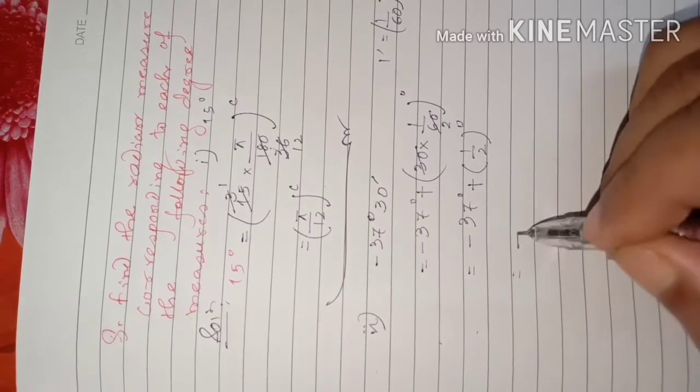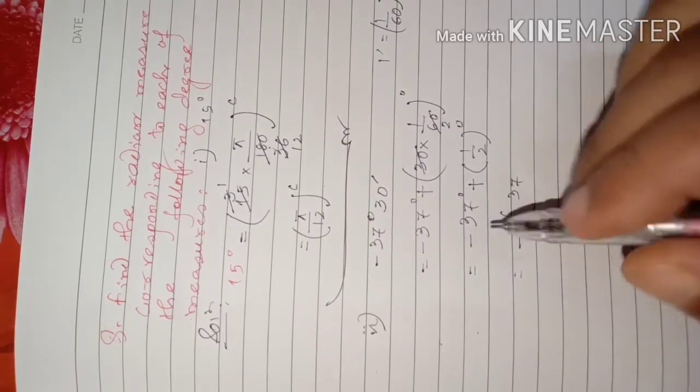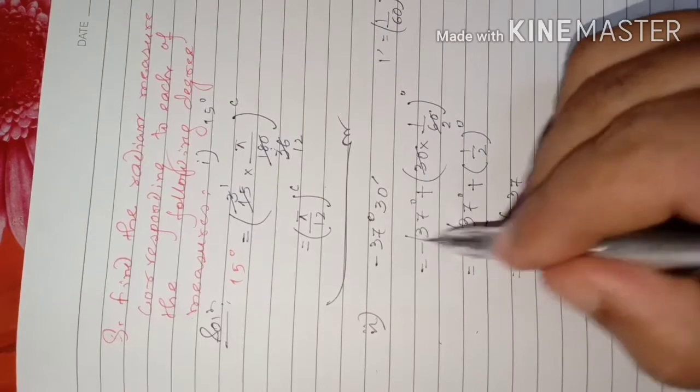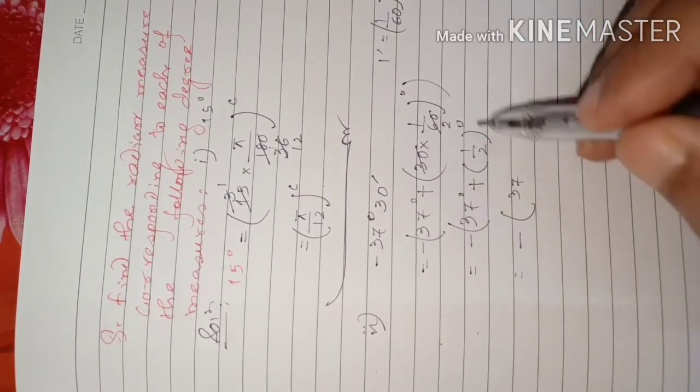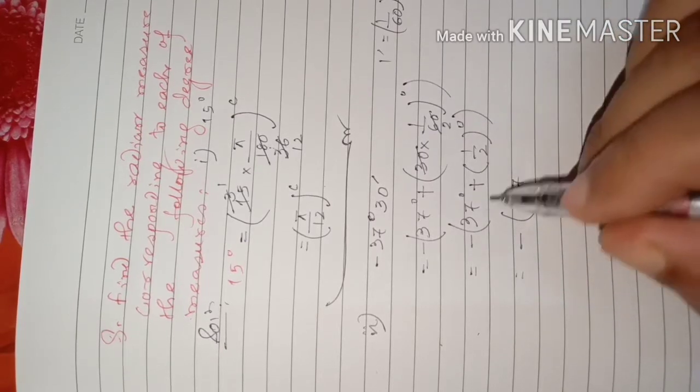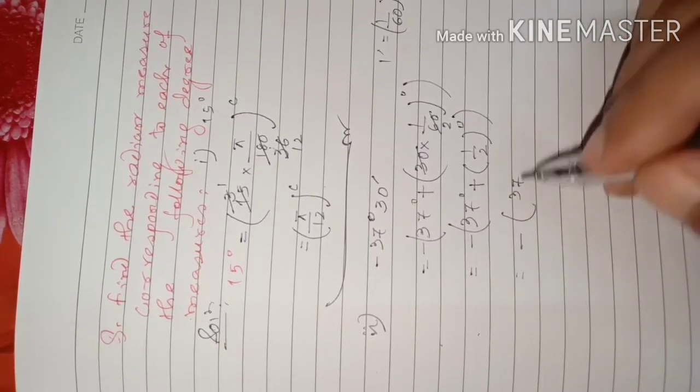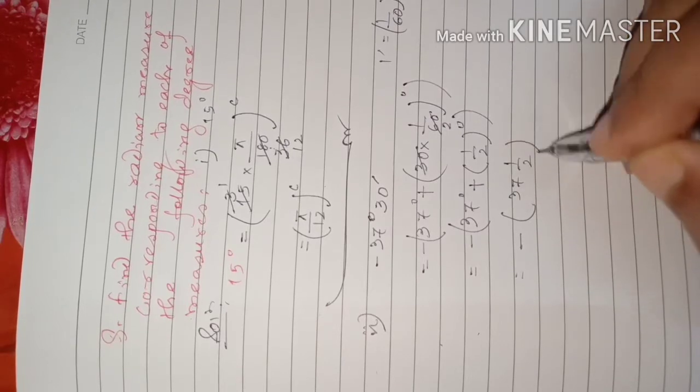Here a bracket is necessary because this whole thing we represent together, the whole thing is negative. Minus 37 and a half degrees.